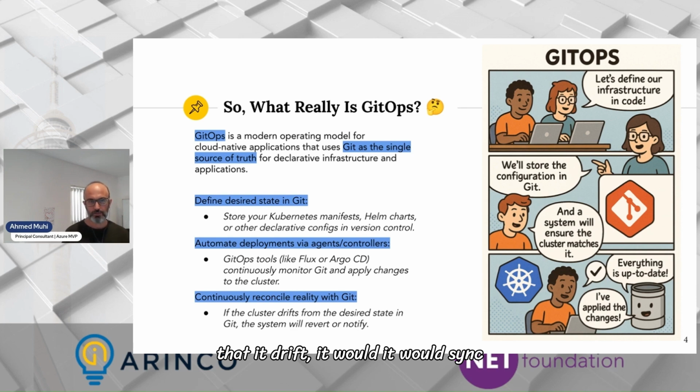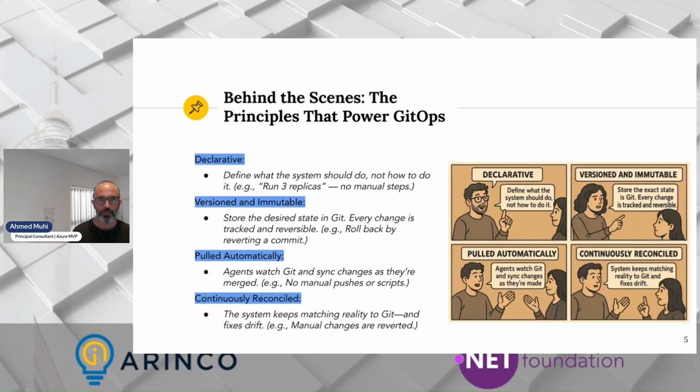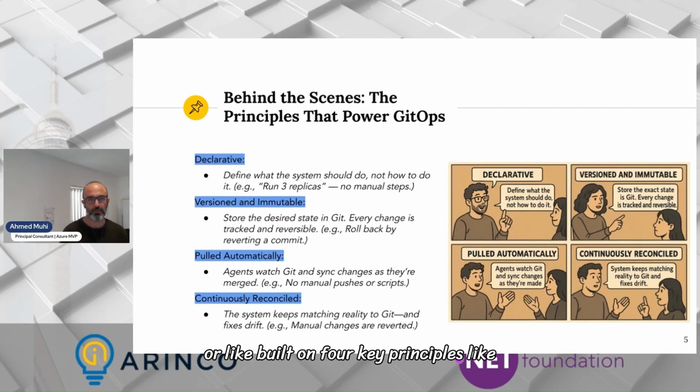If it finds that it drifts, it will sync back to what it sees in Git. GitOps is built on 4 key principles. This is a standard built by the community and standardized by the CNCF and the Open GitOps org. If your Git setup does not follow this, you can't call it GitOps.